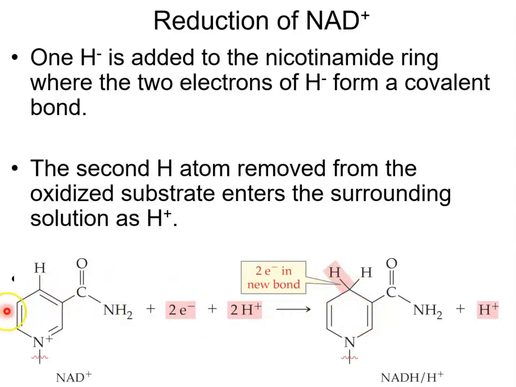So we're going to take electrons from this ring and use them to create this new hydrogen bond. This is the reduced version of NAD, so it's NADH and H+. This second hydrogen atom removed from the surrounding oxidized substrate then enters the solution as this hydrogen ion.